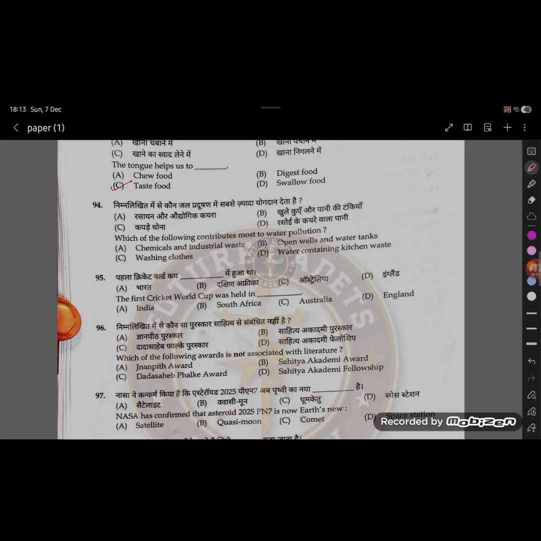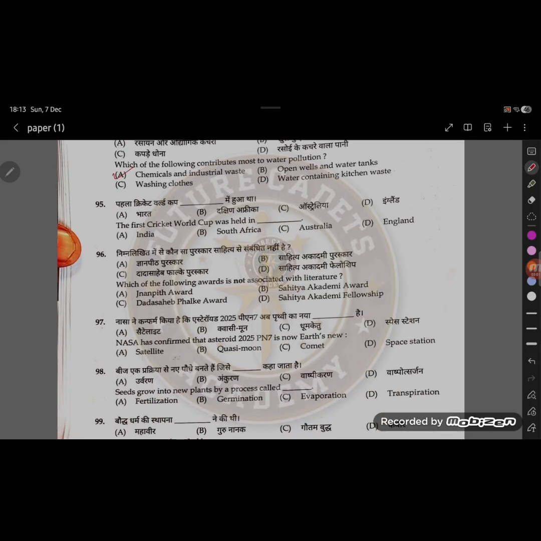Quite easy, right? Question number 94 asks about what contributes most to water pollution. Which of the following? So chemicals and industrial waste, a very obvious answer. Question number 95 is about the first cricket World Cup. This was a quite lucky year for us in terms of World Cup. And the first ever World Cup was held in England.